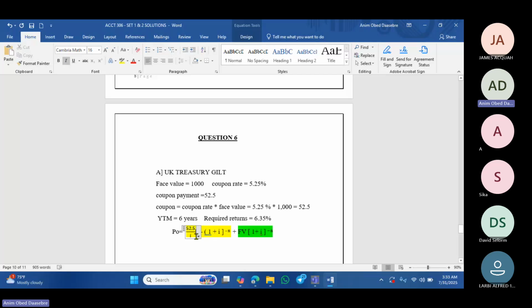And then the interest rate is the required rate. So 6.35% into decimal will give us 0.0635.